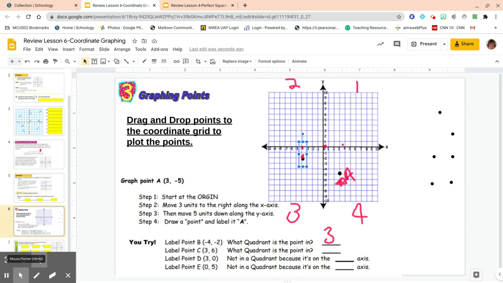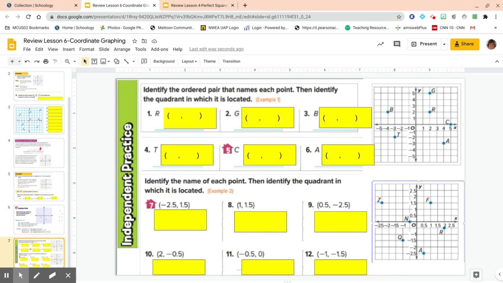All right, so let's go to our practice, practice 1 through 6. Remember, every yellow box on any assignment is one that you will fill in on your own. Number 1 says identify the ordered pair that names each point, then identify the quadrant in which it is located. So I'm going to find point R, which is right here.